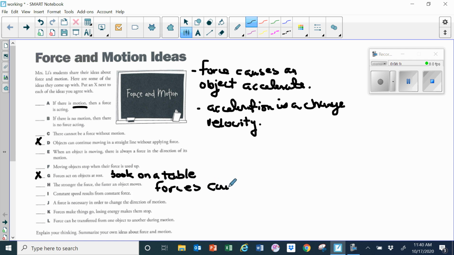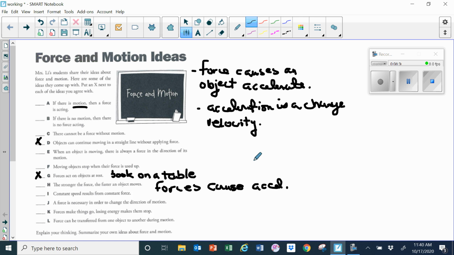They cause a change in the object's motion. So the stronger the force, the faster an object moves. Well, maybe, but basically, the stronger the force, the more the acceleration potential, rather than the faster that it moves.